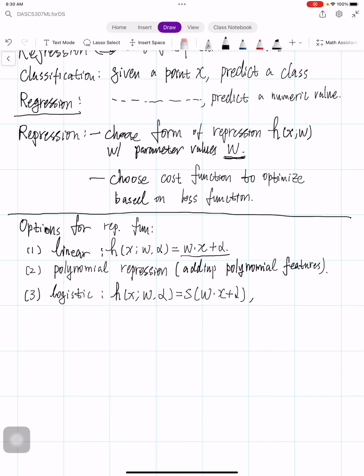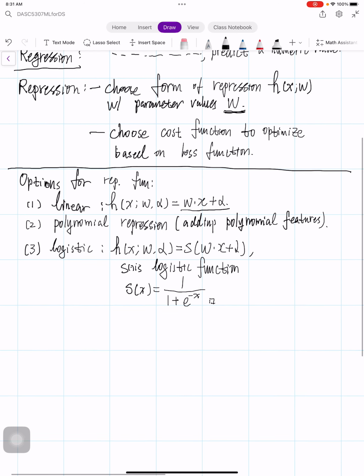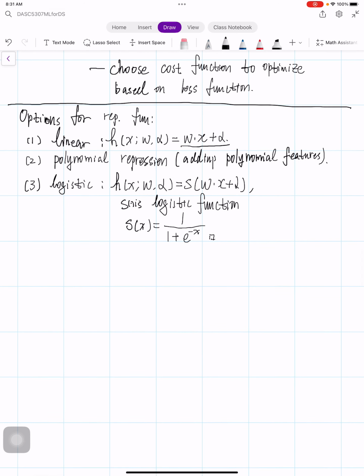Remember, S is the logistic function, which is given by 1 over 1 plus e to the power negative x. Okay, so that's a few choices for the regression function.